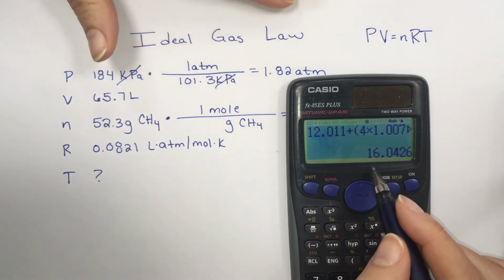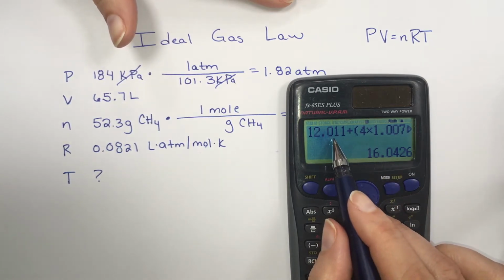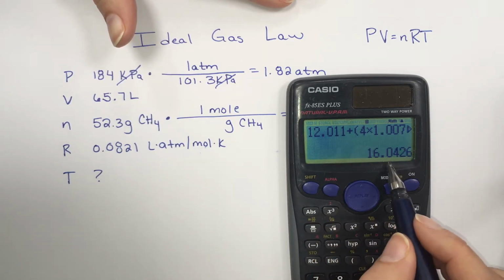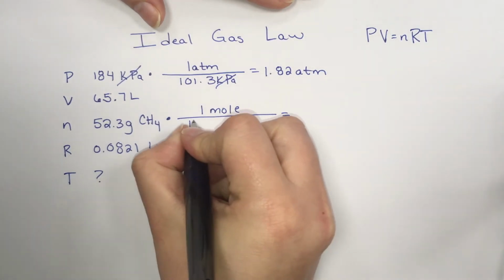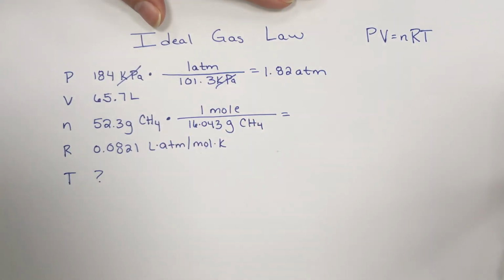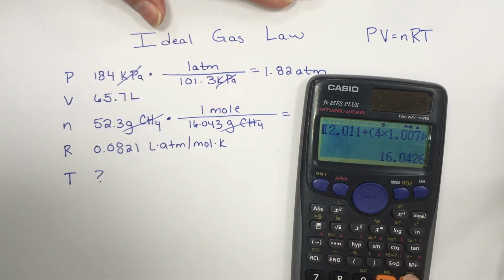So the molar mass of methane is 16.043. Okay, and the grams will cancel and we'll be left with moles like we need.